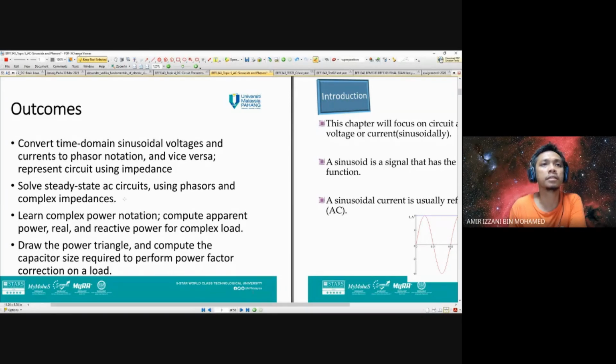Usually impedance is written in complex number. Learn complex power notation, compute apparent, real and reactive power for a complex load. In DC we don't consider this complex load. Draw the power triangle and compute the capacitor size required to perform power factor correction on a load.